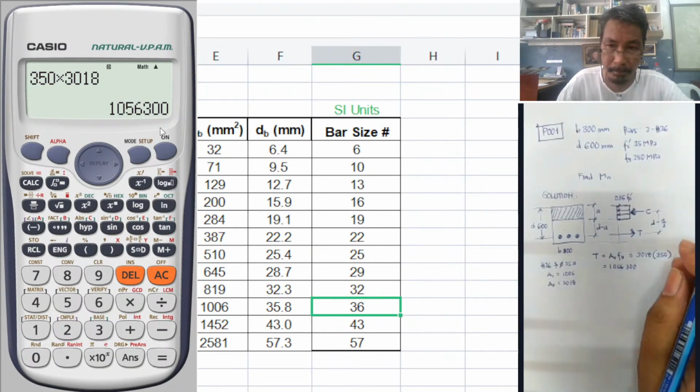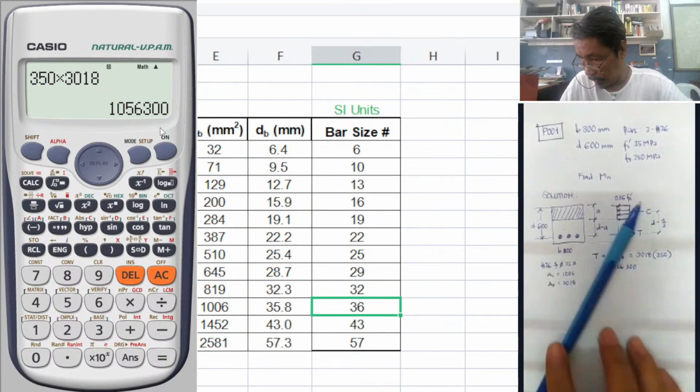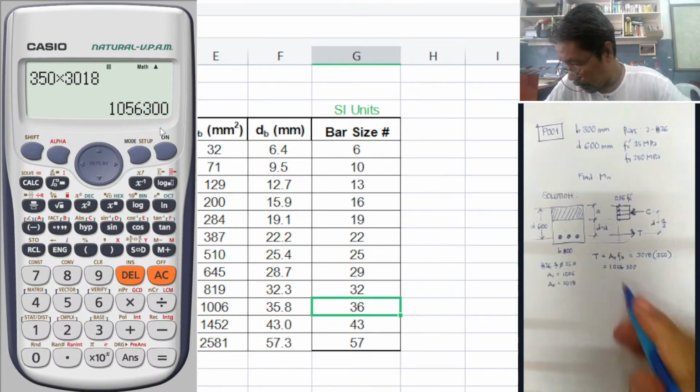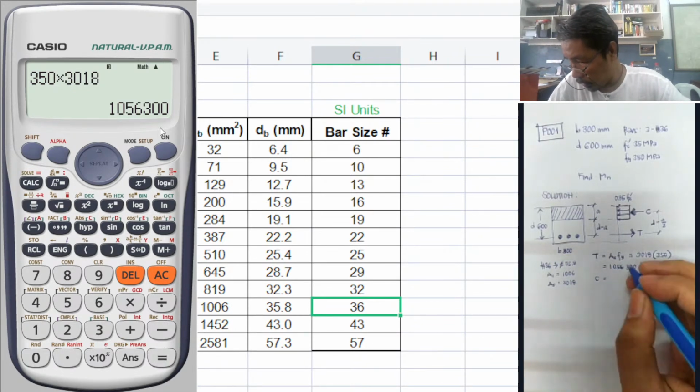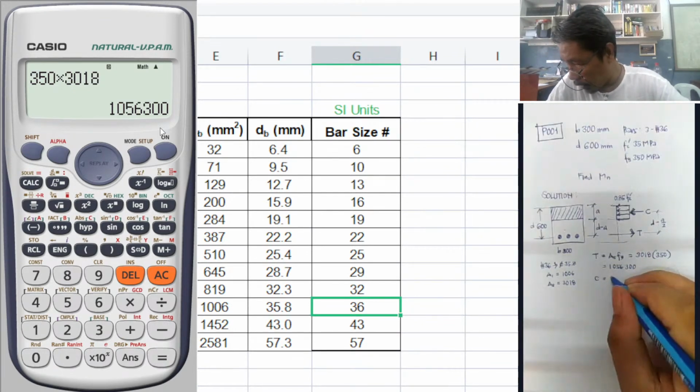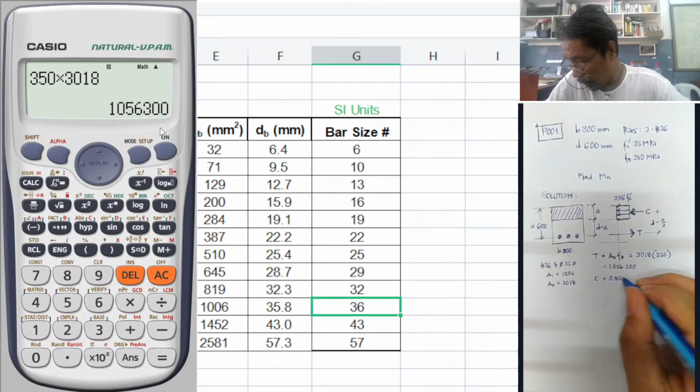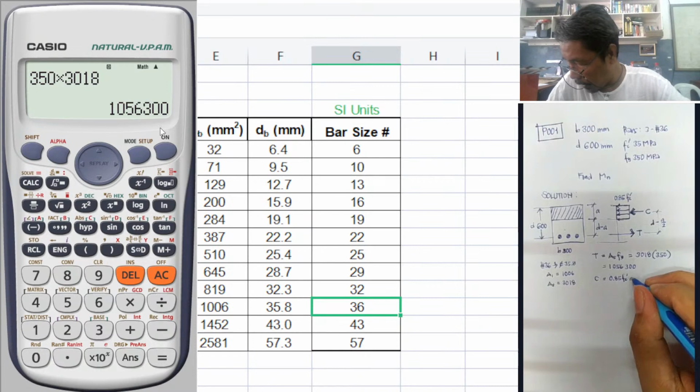And then what about C? C is therefore 0.85 FC prime times AB.